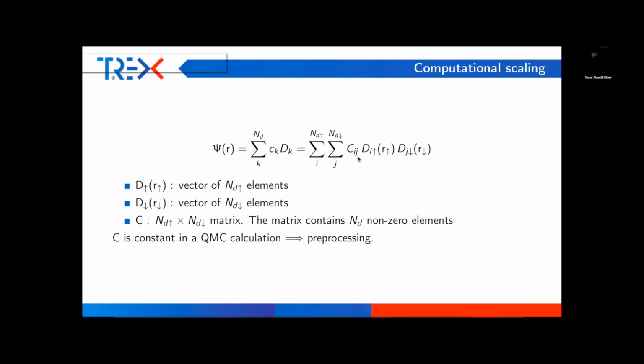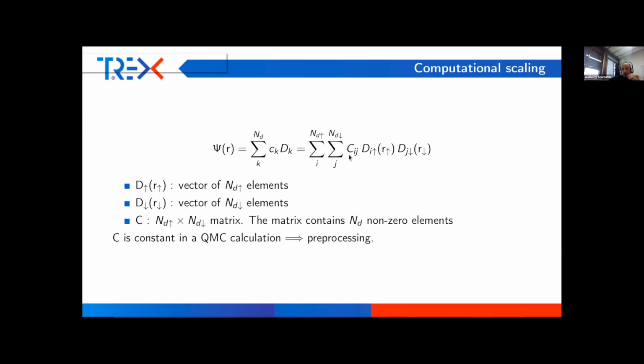And the dimension of this matrix is number of upspin determinants times number of downspin determinants. In the case where your wave function is a full CI, this number will be the square root of ND, and this one will also be the square root of ND, such that the product of the two gives ND.